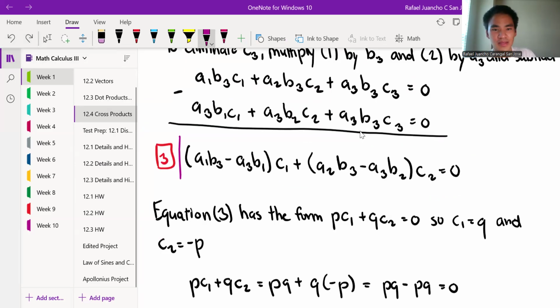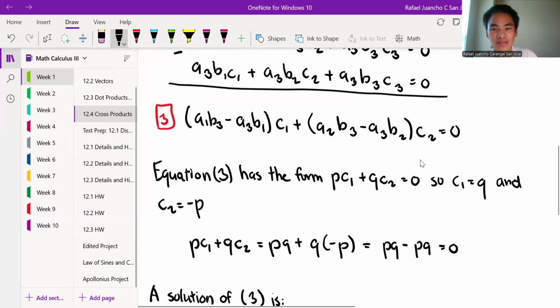These are both C1, so that's A1B3 minus A3B1. That's where that is. And for C2, it's this one: A2B3 minus A3B2. And those are equal to 0.